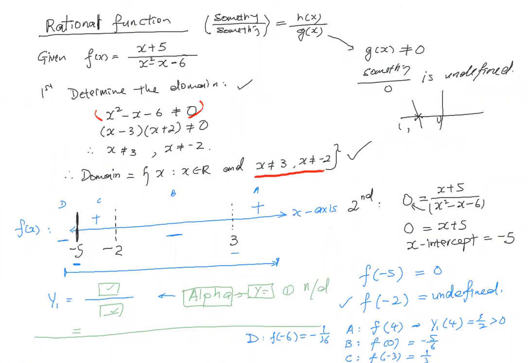So I'm going to conclude the takeaway today. Every time when we want to draw a sign diagram for the rational function, first of all, you must determine the domain. Bear in mind, the bottom of the rational function cannot be 0. So you mark a dotted line on the sign diagram. After that, you continue with the process of how to draw the sign diagram for any given function.